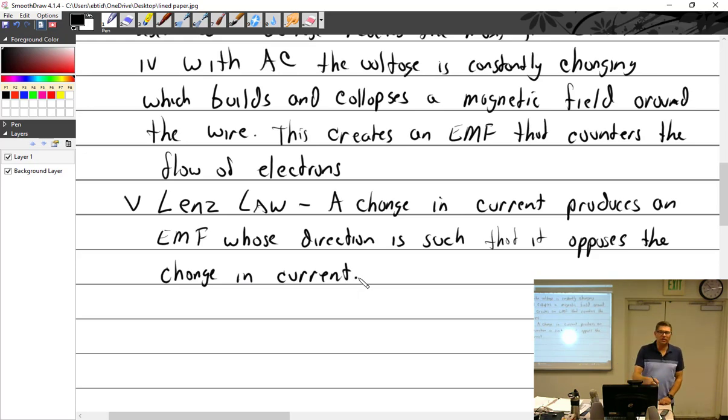So the change in current produces a voltage that opposes the change that was happening.